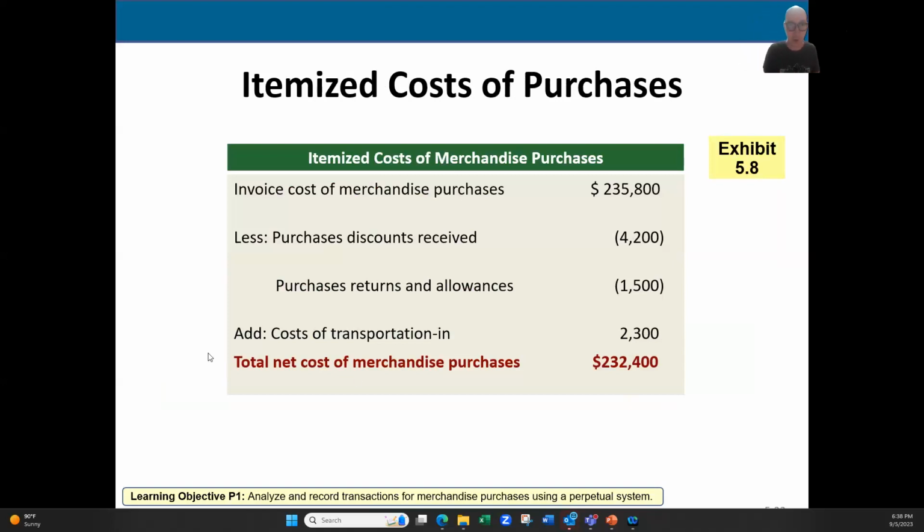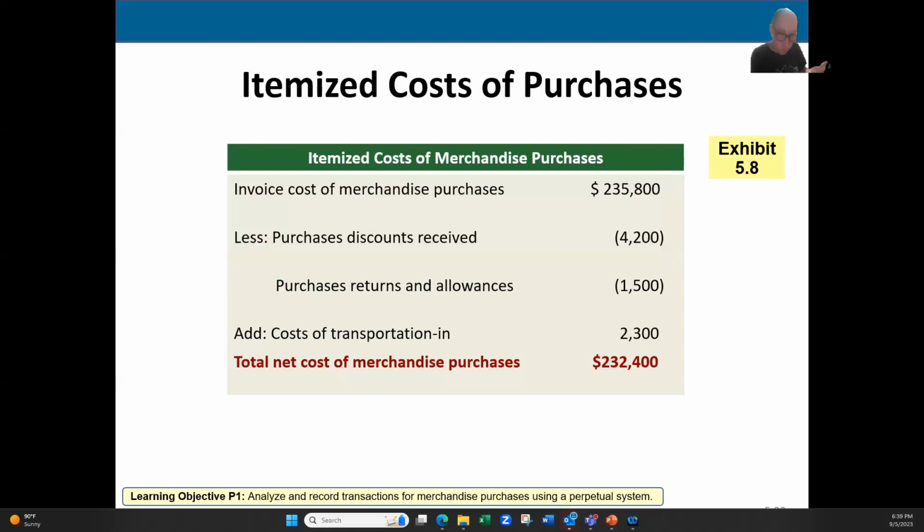If we look at this in a closer example, looking at itemized costs, here we have an example. Invoice cost of merchandise purchases. This is the company purchasing inventory from our vendors. We purchased $235,800 worth of inventory.